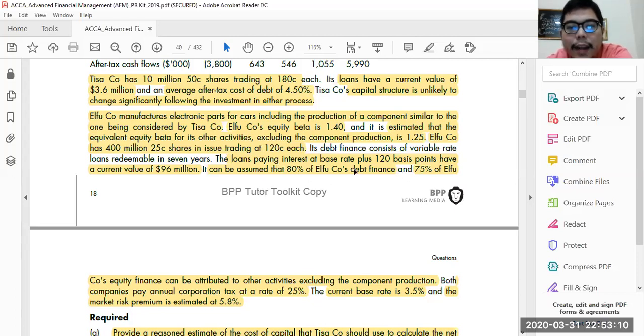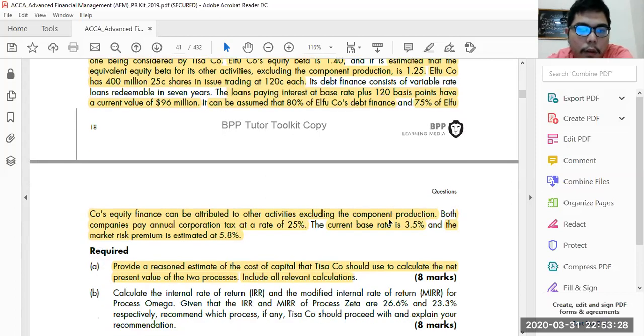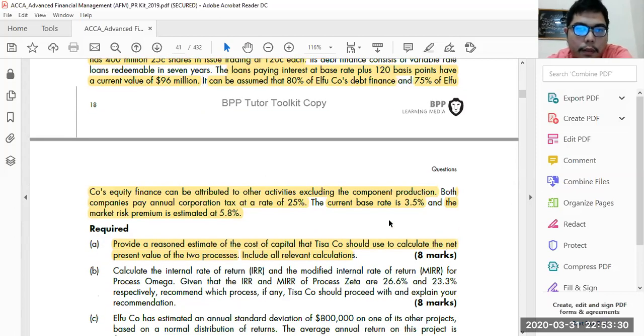And the remaining 20% of the 96 million belongs to the engine component production, and 25% of the equity, 400 million times $1.2, belongs to component production.